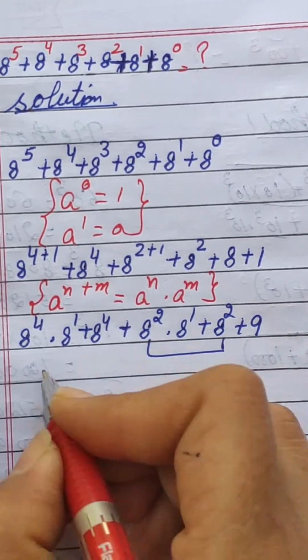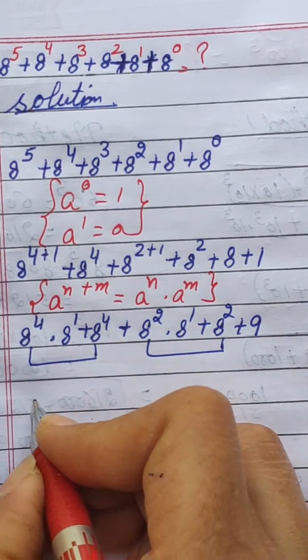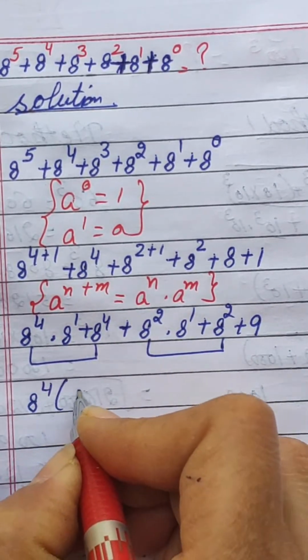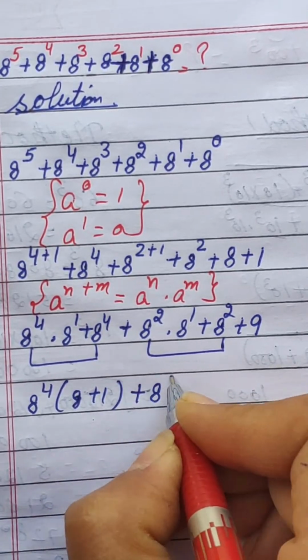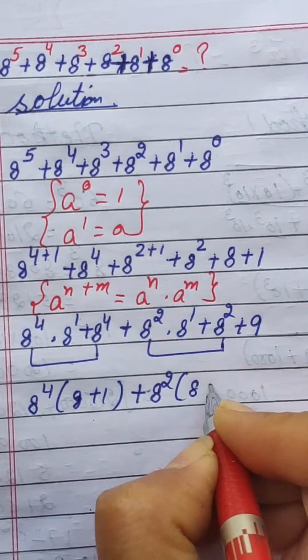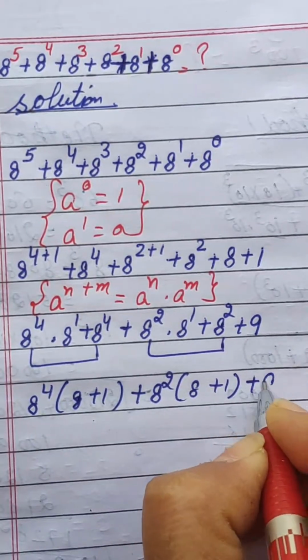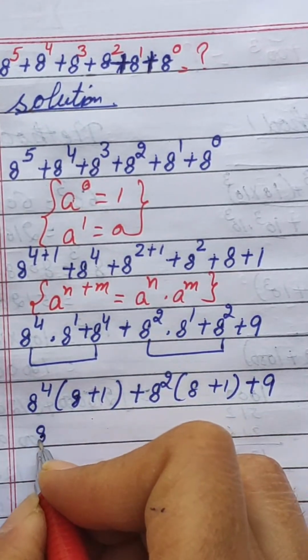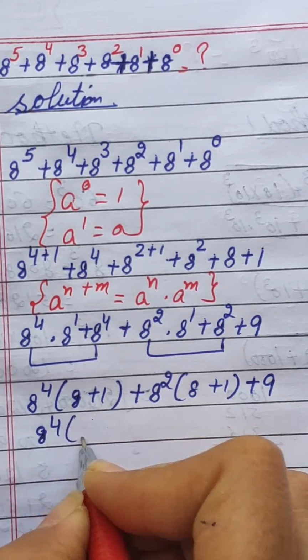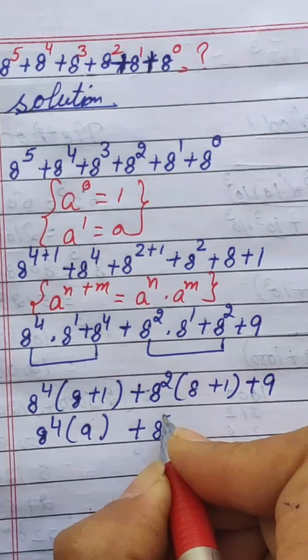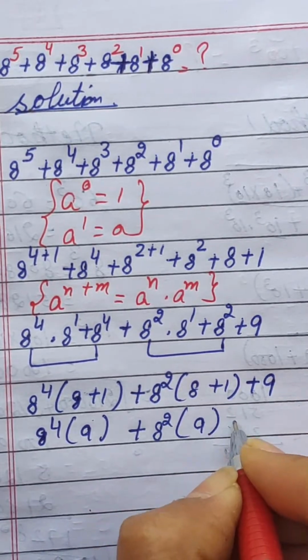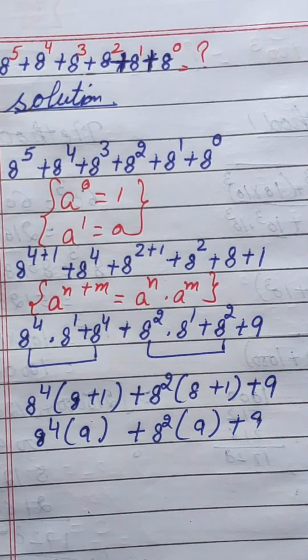Okay. So here we can take it common: 8 raised to the power 4 times 8 plus 1, 8 raised to the power 2 times 8 plus 1, and plus 9. So here 8 raised to the power 4 times 9, 8 raised to the power 2 times 9 and plus 9, correct?